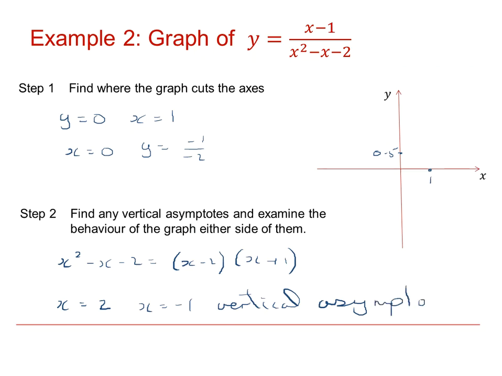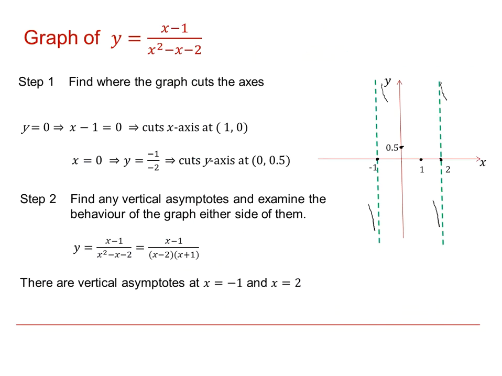Now we should indicate those on our diagram by a dotted line coming vertically through -1, and another dotted line through x equal to 2. So those are our vertical asymptotes.